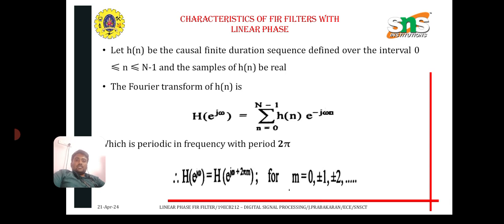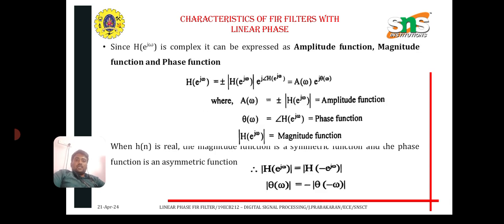And some characteristics of FIR filter. Since H of e power j omega is complex, it can be expressed in terms of an amplitude function, magnitude function, and phase function. H of e power j omega equals plus or minus the magnitude of H of e power j omega times the phase angle of the filter.